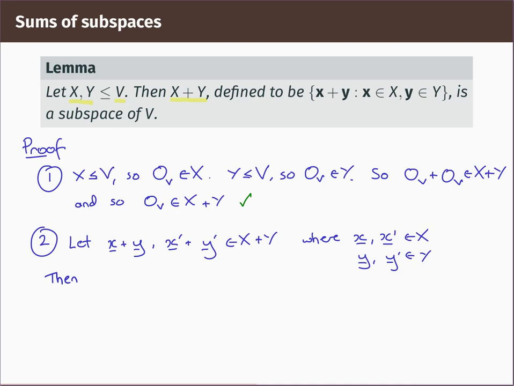So to prove X plus Y is closed under addition, I have to show that x plus y plus x prime plus y prime is again in capital X plus capital Y.